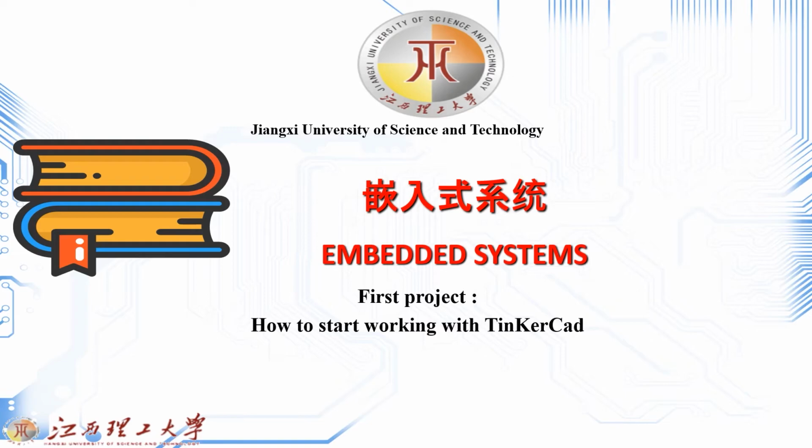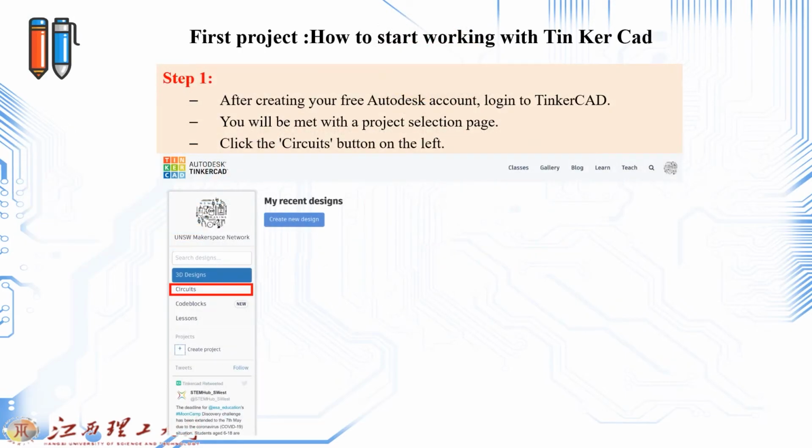Step 1 is that after creating your free Autodesk or any login method to TinkerCAD, you will meet the project selection page where you will select, suppose, circuit. Step 2 is that you will create new circuits and enter these parts.